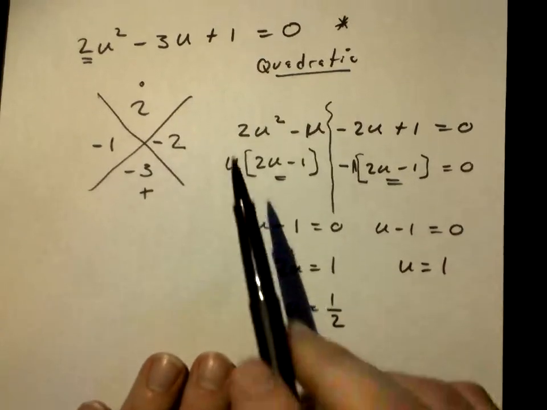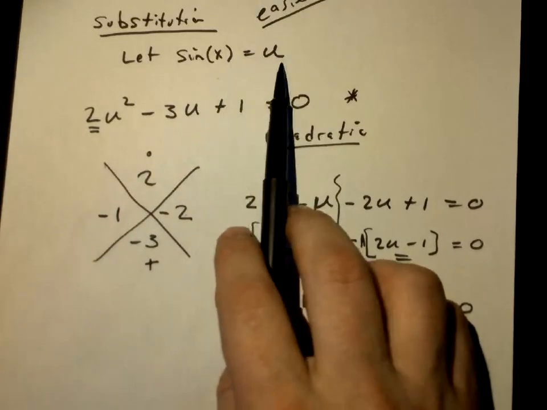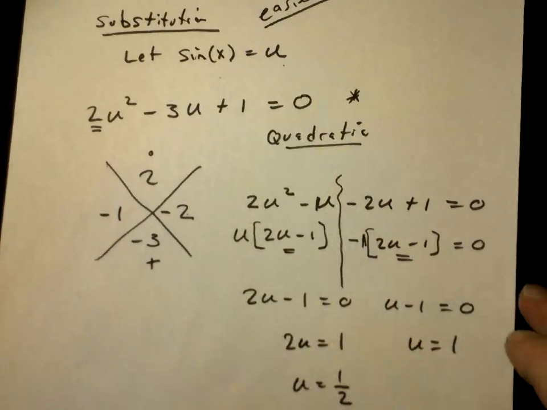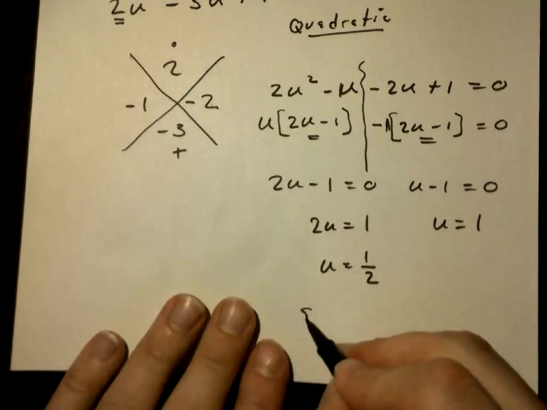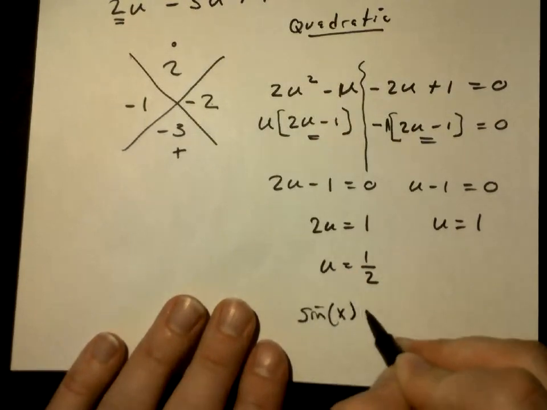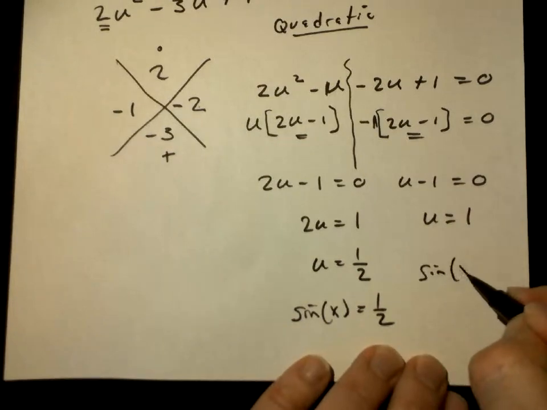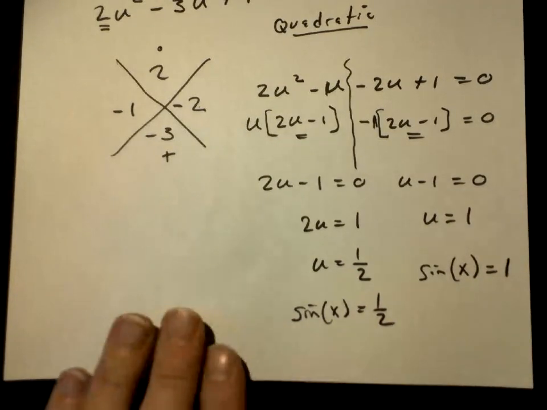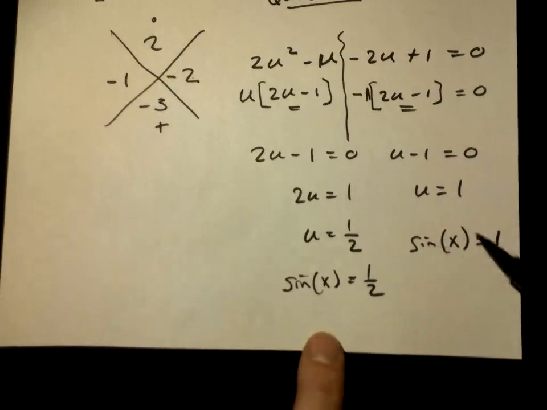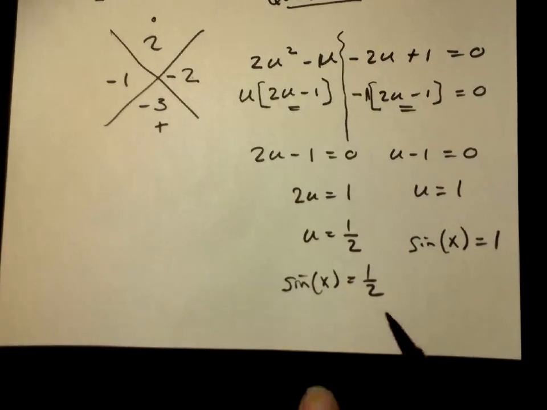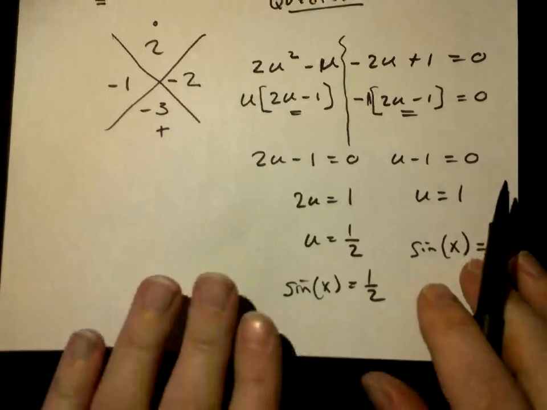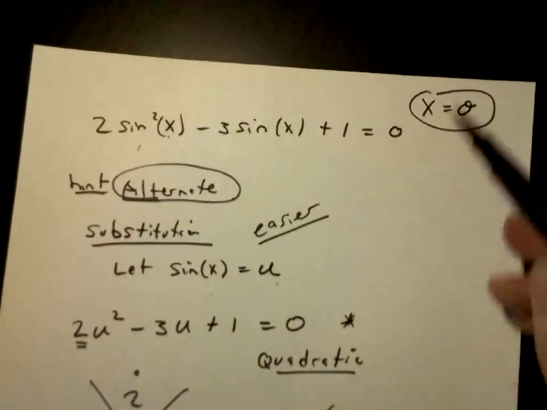But remember, u is equal to sine. So let's take this back and go sine of x equals 1/2, and sine of x equals 1. And there you go. So where is that going to be in our unit circle? And I didn't give you a restriction.